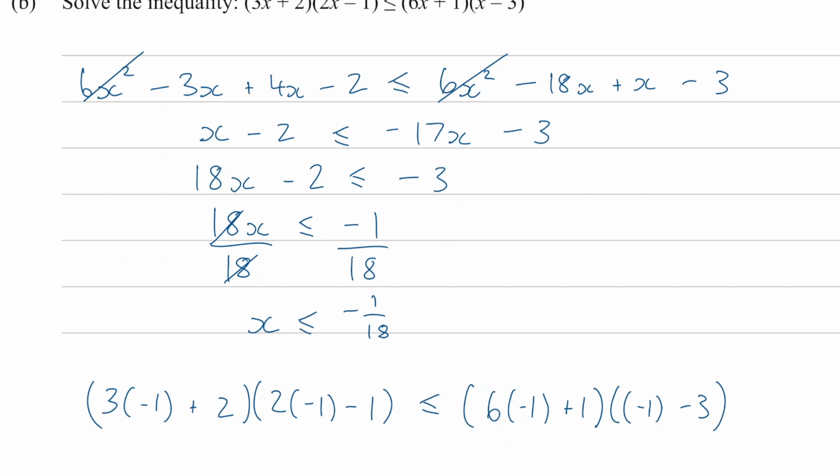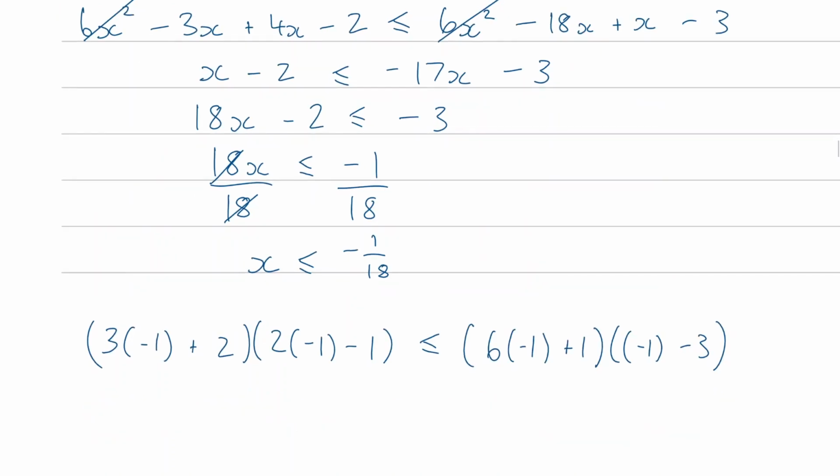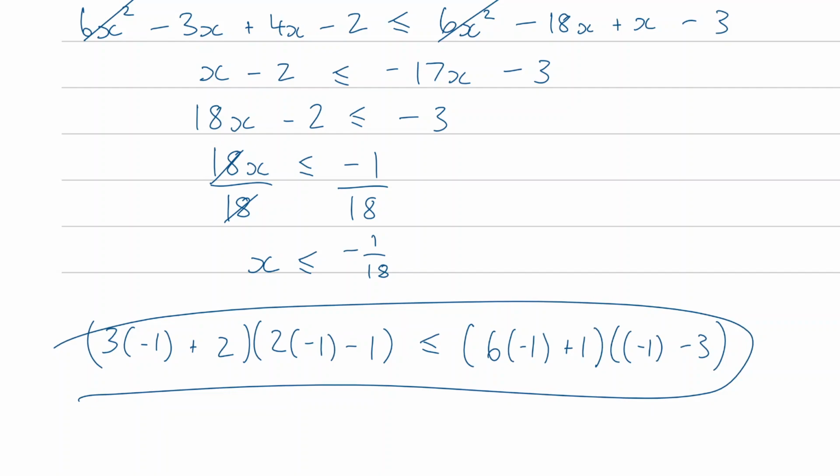And we can just expand this out. And again, this isn't part of the question. This is just to check that we're right and to understand what it means to solve an inequality. So we're just trying one value for x, but in fact we could have picked any number smaller than or equal to negative 1 over 18, and this inequality should be true.